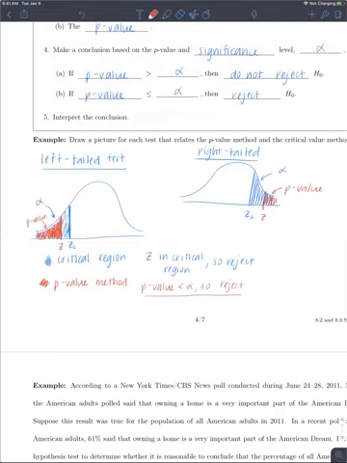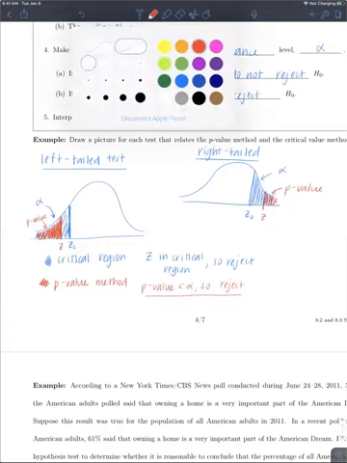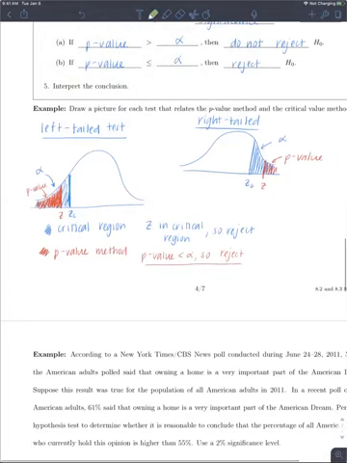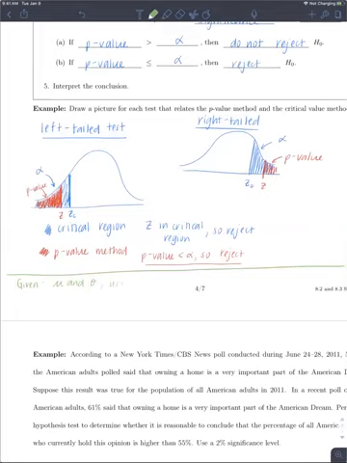But let me talk about when to use which calculator functions, and I'll put that in green and separate it down here, because I didn't plan on writing this. Basically, if you are given mu and sigma, what calculator function are you going to use? Regardless of the method I tell you, you can use either critical value or p-value.